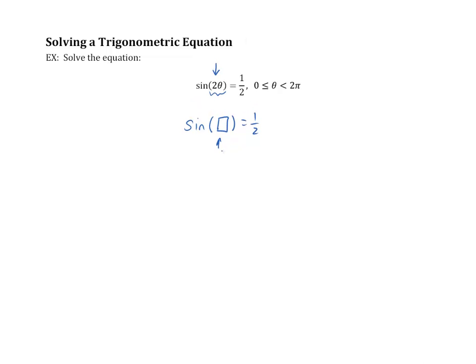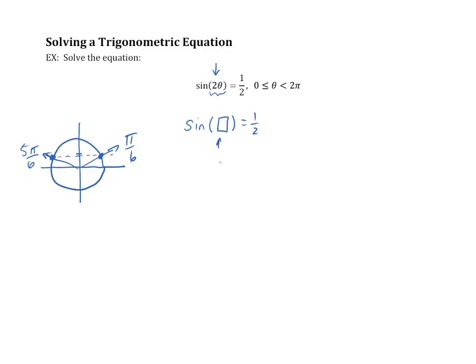Now follow me. Sine equals 1/2 means I'm at a height of 1/2, which is this and this, over here and over here, which is pi over 6 and 5 pi over 6. And then additional rotations.